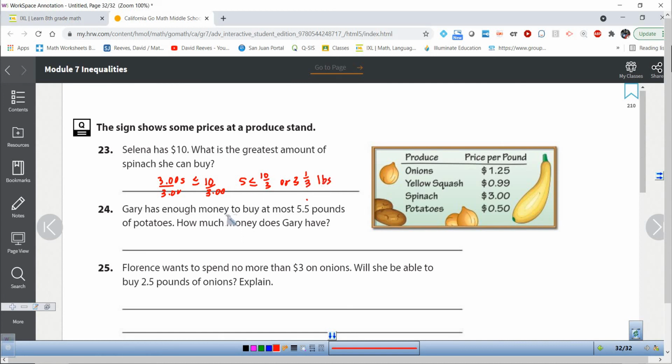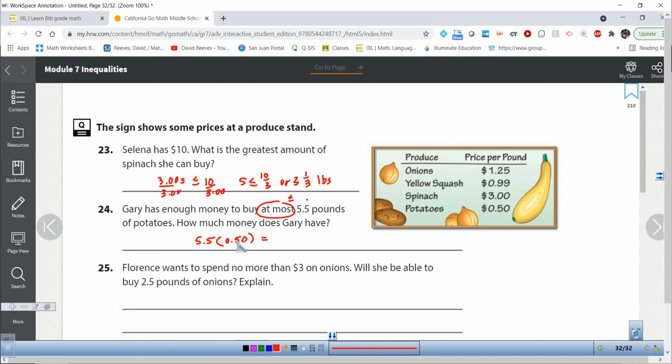All right, Gary has enough money to buy at most 5.5 pounds of potatoes. How much does he have? All right, at most is less than or equal to. So if I do 5.5 pounds times, let's see, potatoes are 50 cents, right? So I need to do 5.5 times 50 cents.